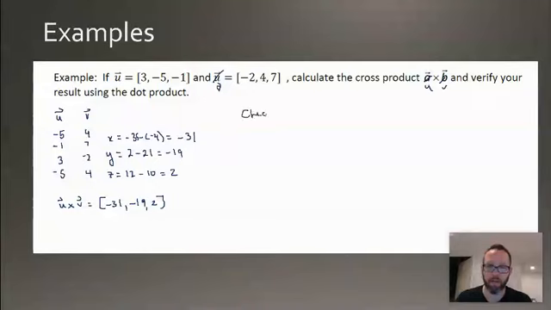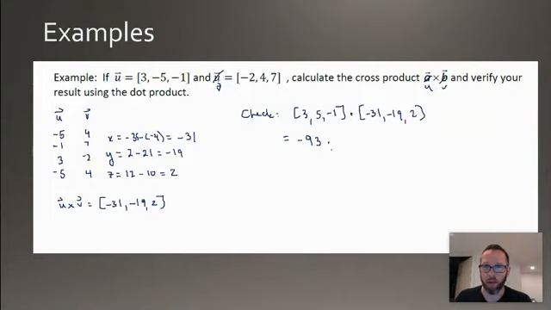So if I do 3, 5, -1 dotted with -31, -19, 2, does this equal 0? Well, let's find out. That is -93. Right away I can see that I did something wrong because I'm not getting 0. That's okay though. Let's go back and find my mistake.